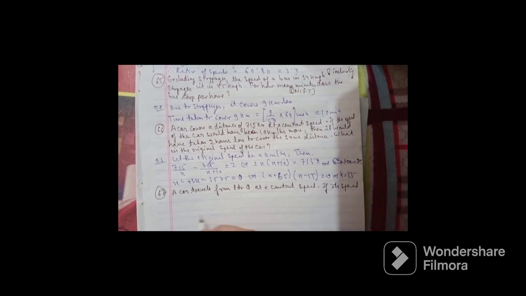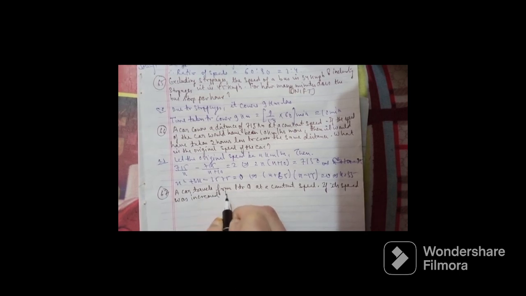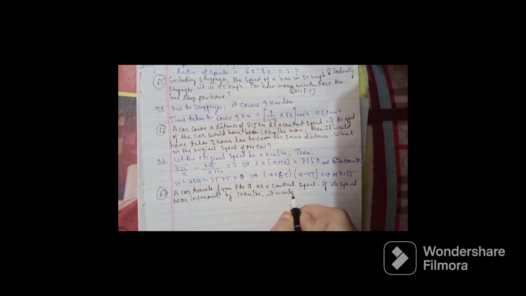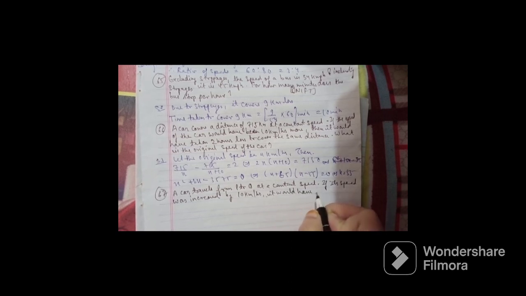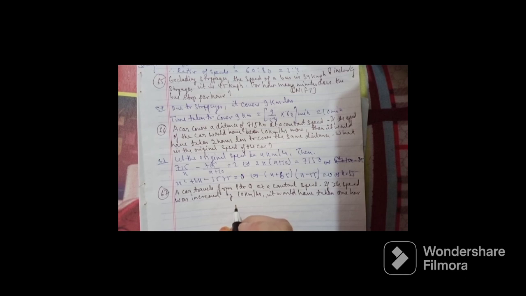If its speed was increased by 10 km per hour, it would have taken 1 hour lesser to cover the distance.